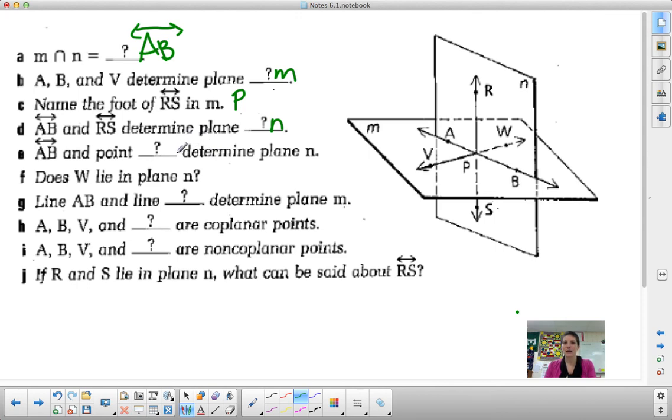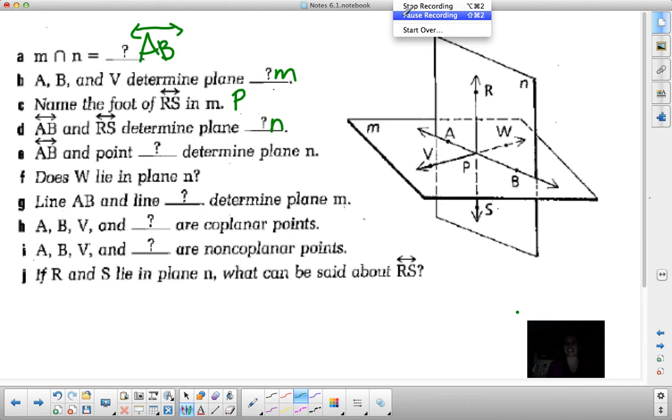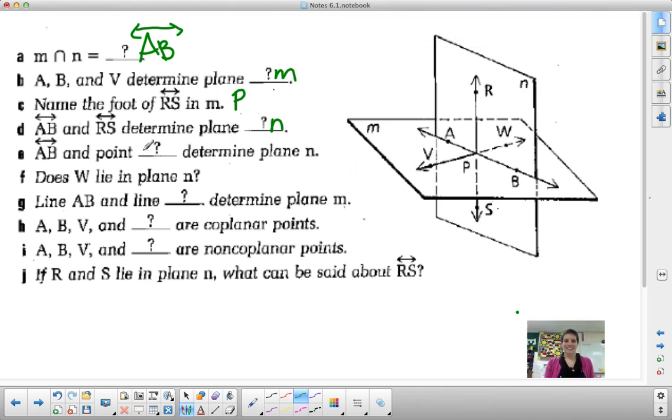Line AB and point blank determine plane N. You could have two possible answers here. You could say R, or you might have said S. Either one is acceptable.